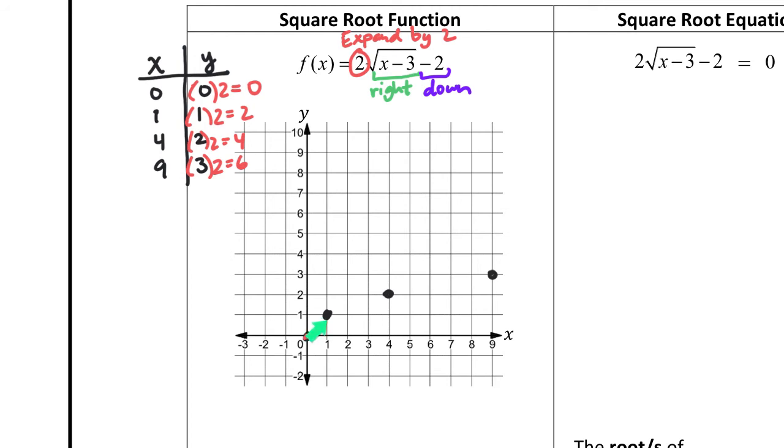But over here, instead of being at a y of 1, it's at a y of 2. This would be 4, 4. This one would be at 6. This is what the expansion does. It causes these points to kind of expand upward. And then we're going to move the points to the right 3 and down 2.